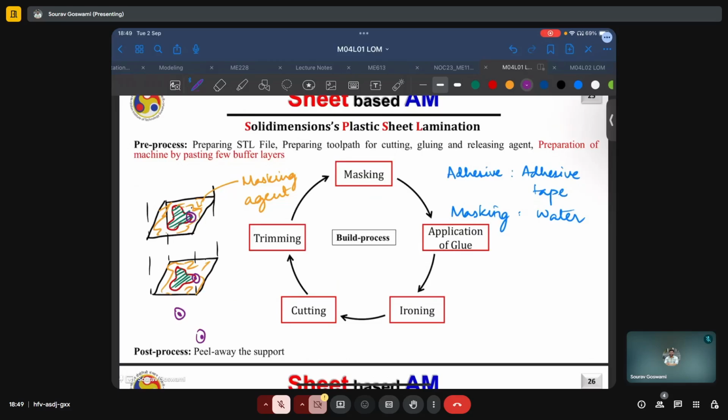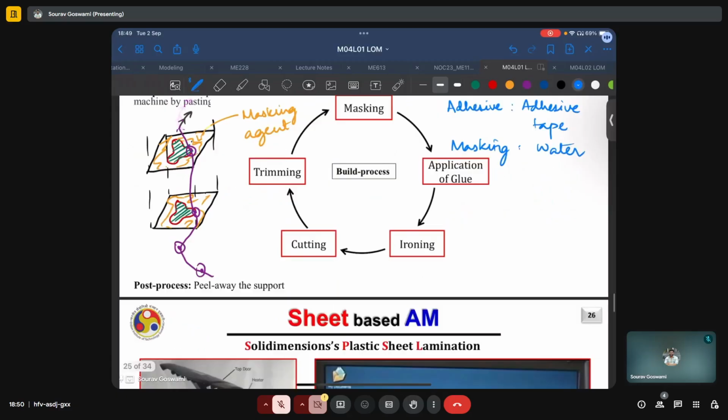Finally, across the layers, all of them will be joined together, and we will just pull it from this end so that all of this gets peeled off. The post-process step in this case is just the peel away, which takes far less time than decubing.